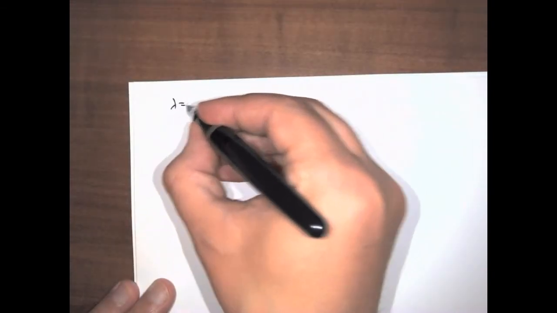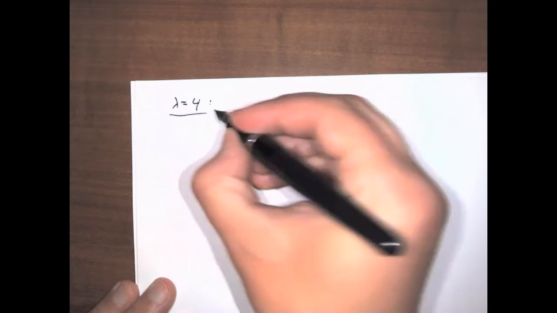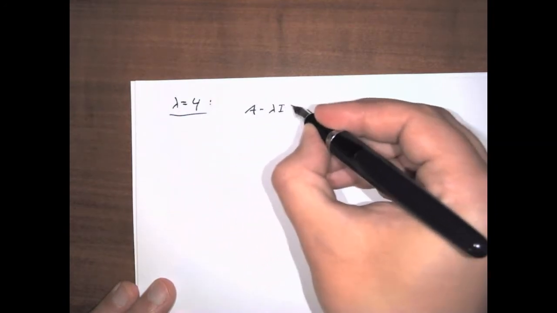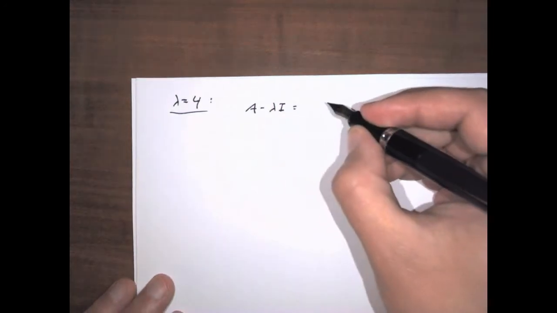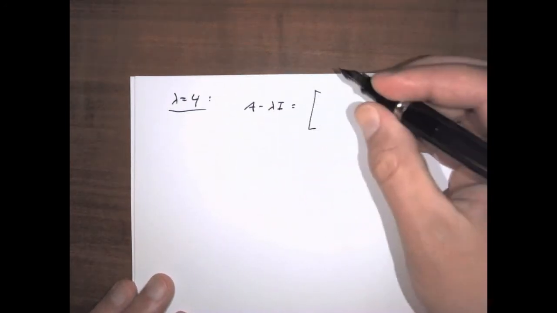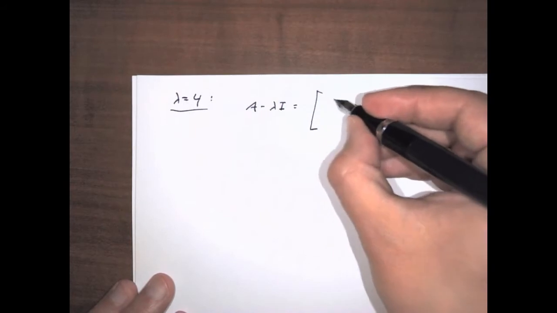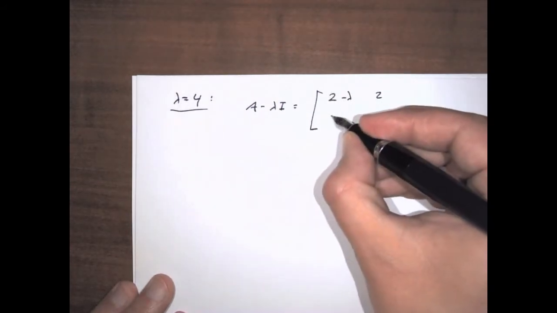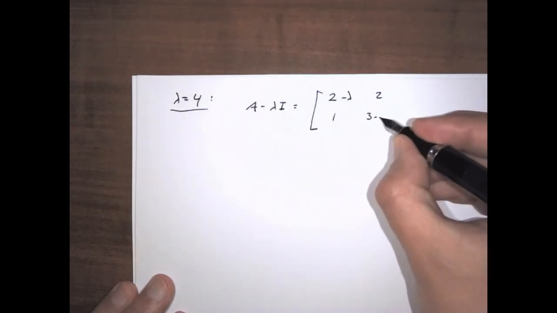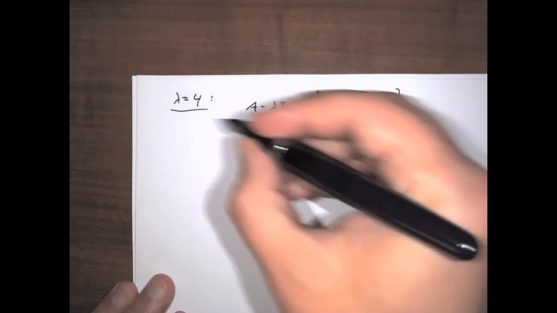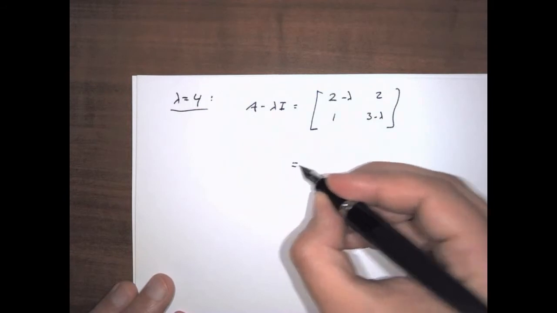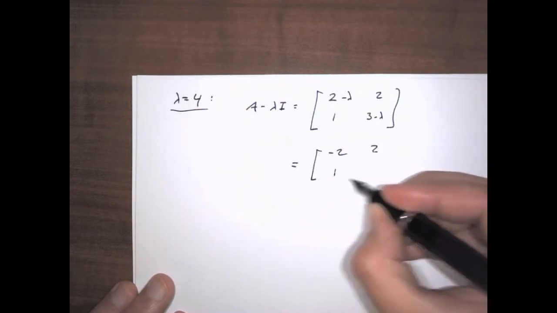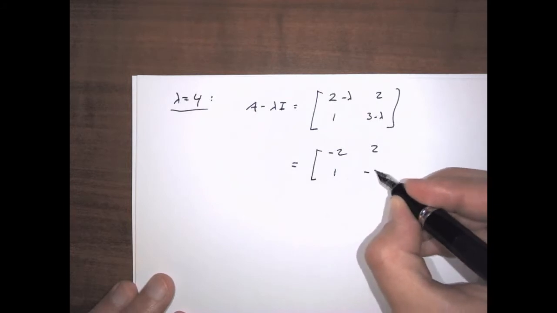So if lambda equals 4, then that means that A minus lambda I would equal the matrix that you would get, which is 2 minus lambda, 2, 1, 3 minus lambda with 4s in place of lambda. So it's going to be negative 2, 2, 1, and then negative 1.